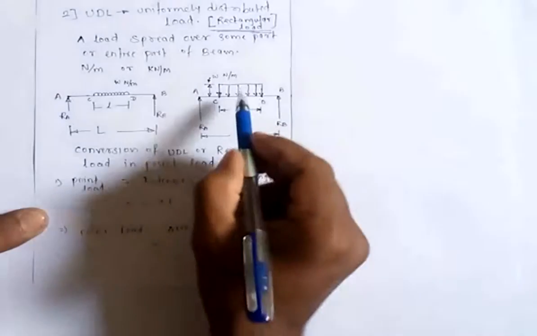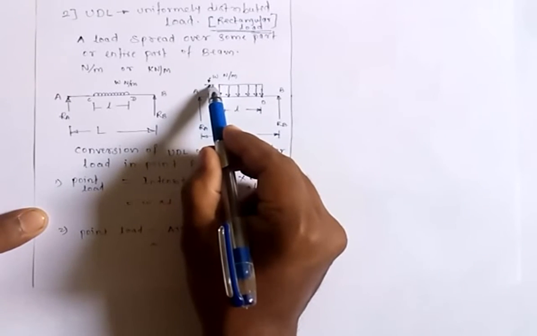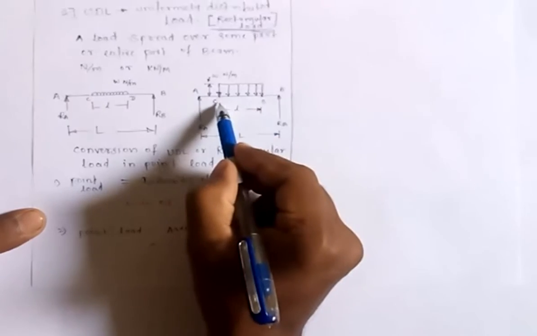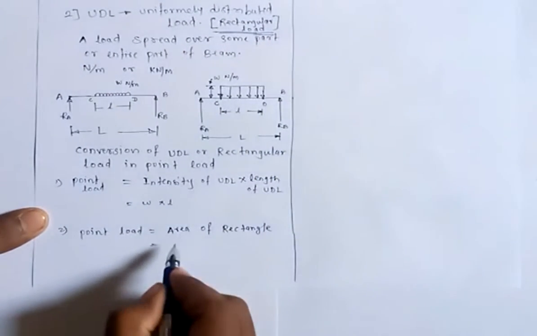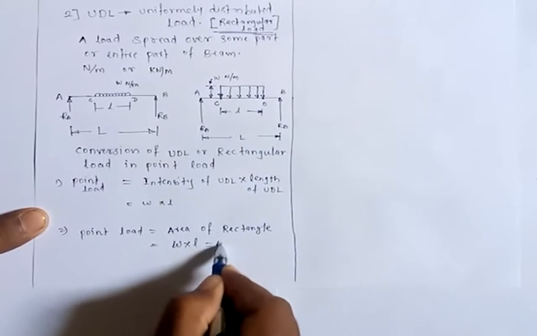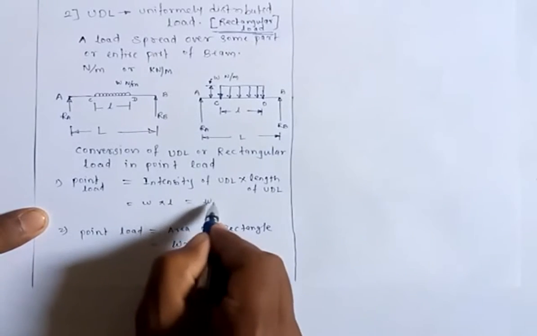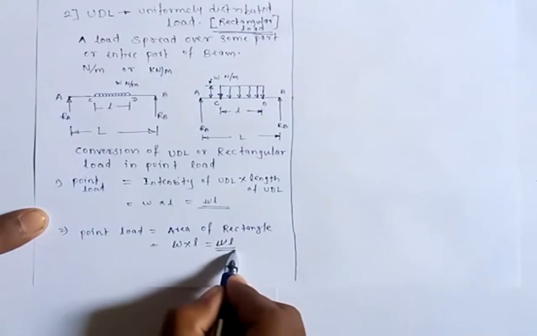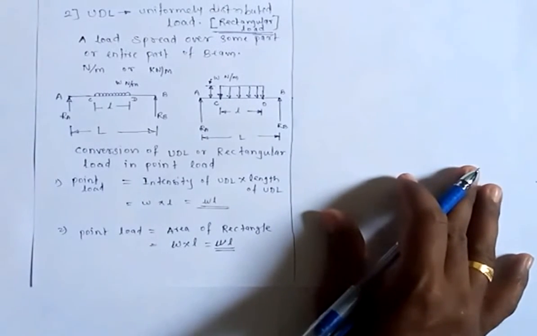Now to find the area of this rectangle, you can see the height of the rectangle is W Newton per meter, while the length of the rectangle between CD is small l. So the area of the rectangle becomes small w into small l, that is W l. Here also it becomes W l. So this is the point load, or this is the intensity of the point load. In this way we can convert UDL into point load.